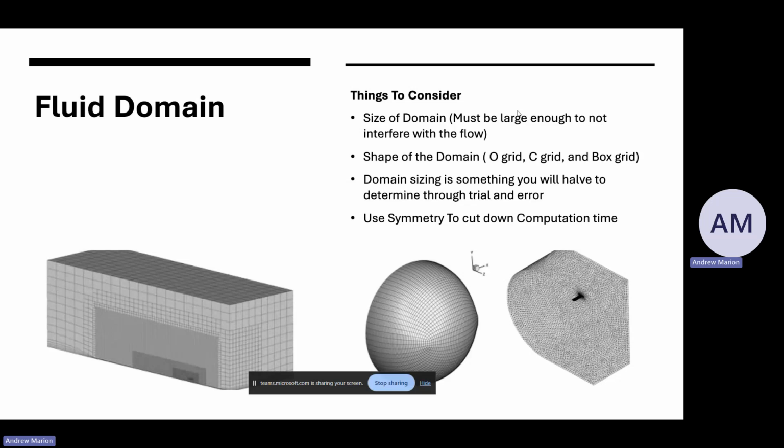Same thing with aircraft: if your aircraft is symmetric down the center line, which most are, you can cut it in half, delete everything on that side, all the fluid domain and the aircraft, and run the simulation on half. You take out literally half your computational time just by using symmetry.